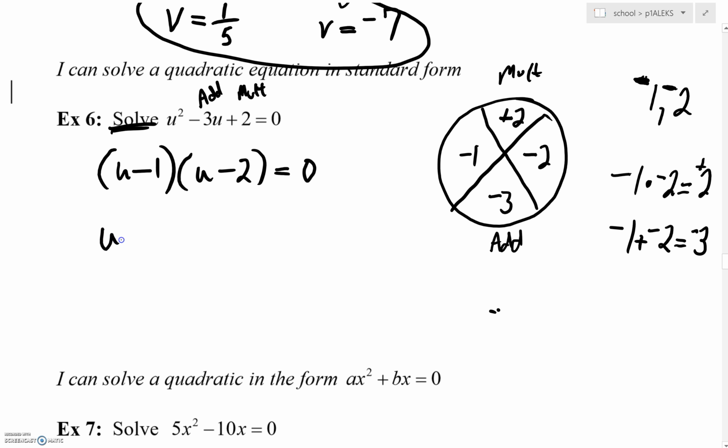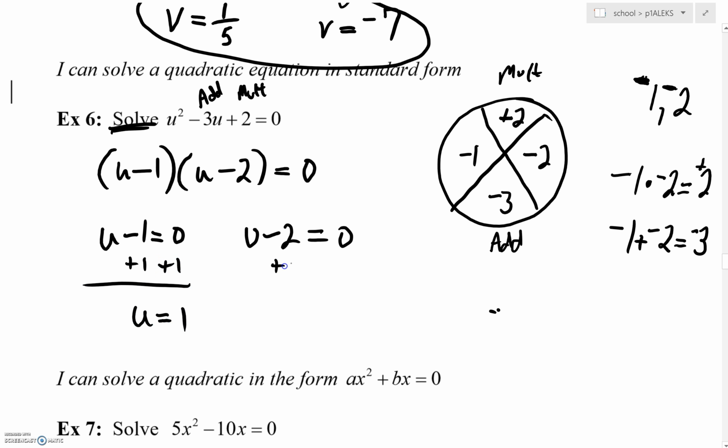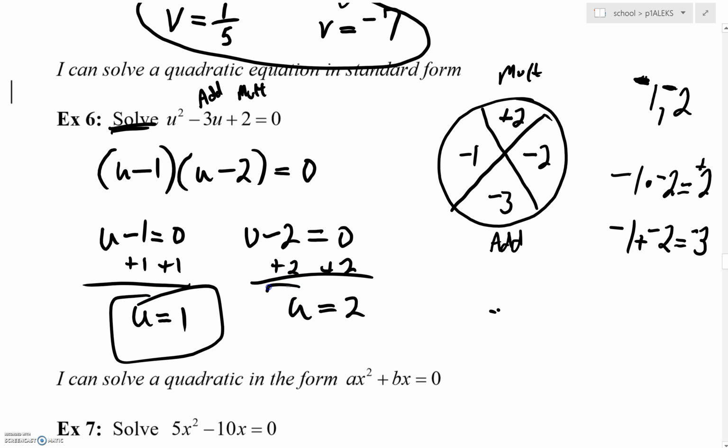What you want to do is take these two parentheses and set them equal to 0. And as you solve, you can add a 1 to both sides. You'd get u is equal to 1. Here I'll just add a 2 to both sides. I'll get u is equal to 2. And guys, here are your two answers that you're coming up with.